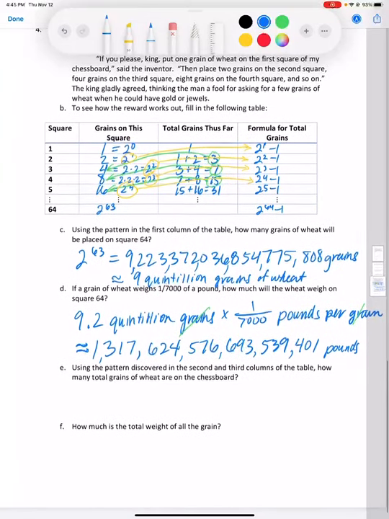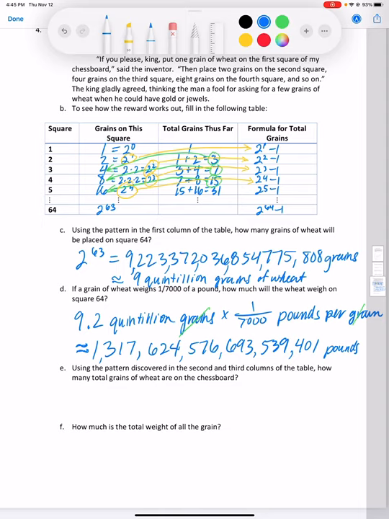So using the pattern discovered on the second and third columns of the table, how many total grains of wheat are on the chessboard? So what we're going to do is 2 to the 64 minus 1. And that is equal to, just kind of double what we have with the 9 quintillion.